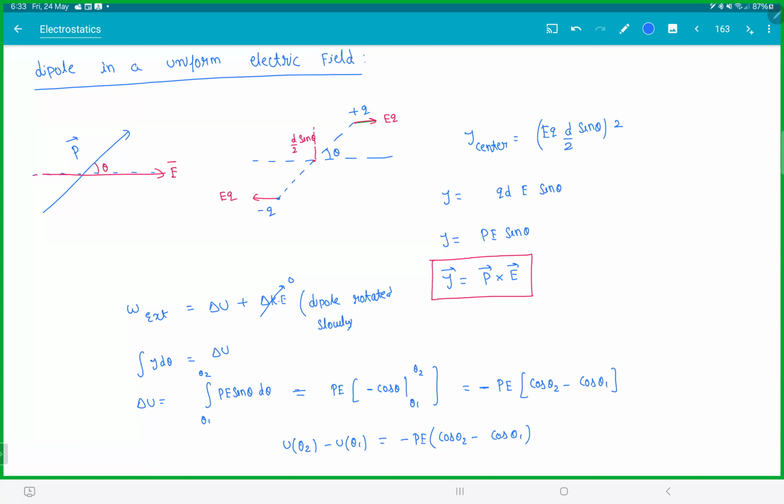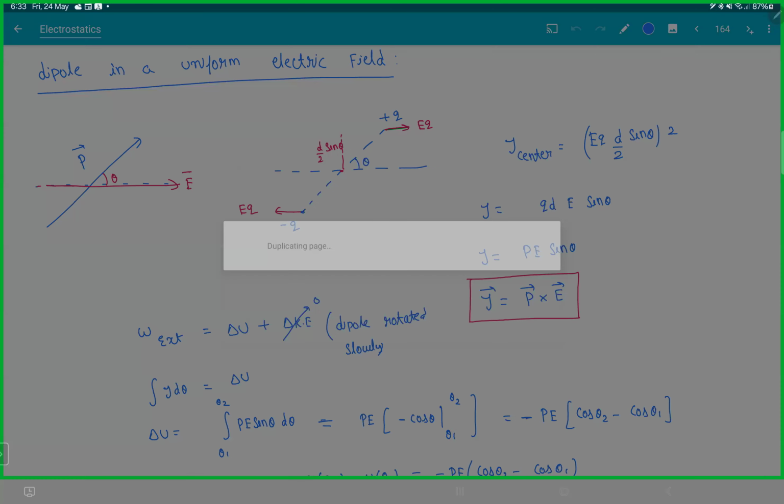Let me show you the next page. I'll show you. You are rotating from theta 1 to theta 2.